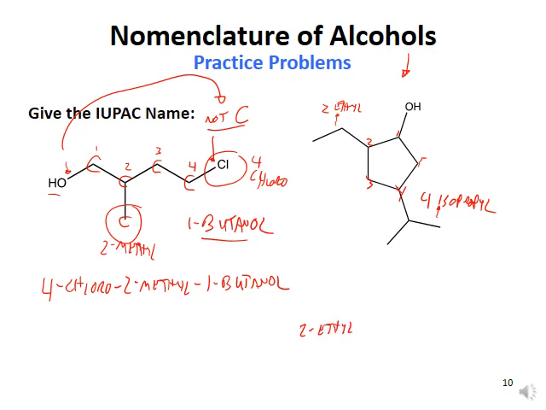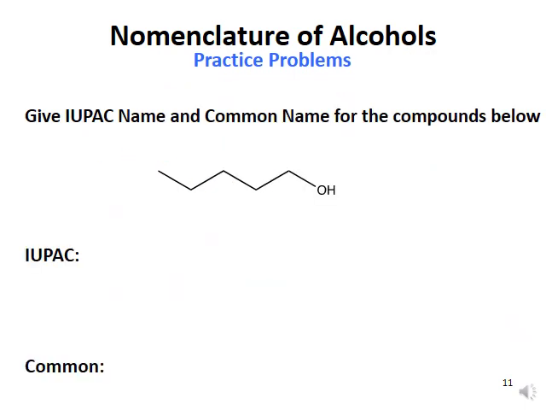This is a 5-carbon ring. E comes before I, so we're talking 2-ethyl, right? Followed by 4-isopropyl. So that's where they're hanging off the cyclopentanol. 2-ethyl, 4-isopropyl. Well, that's about as easy as it gets.